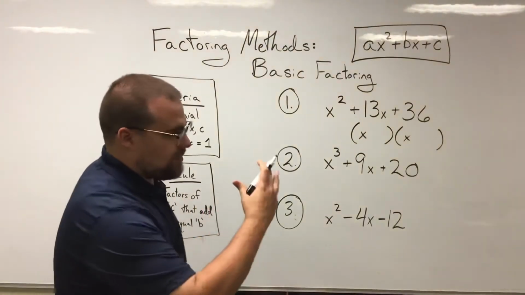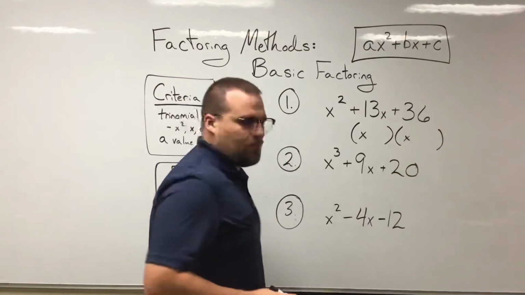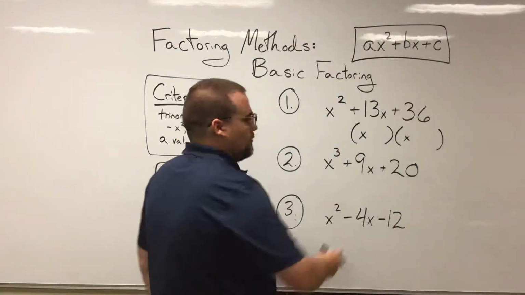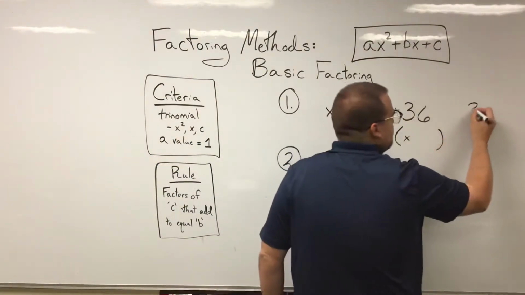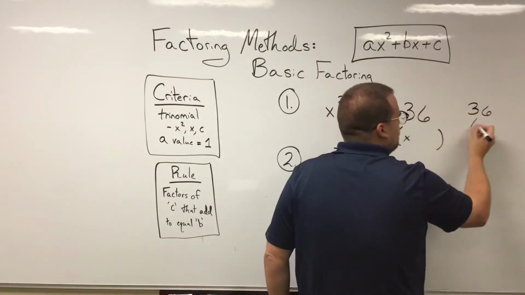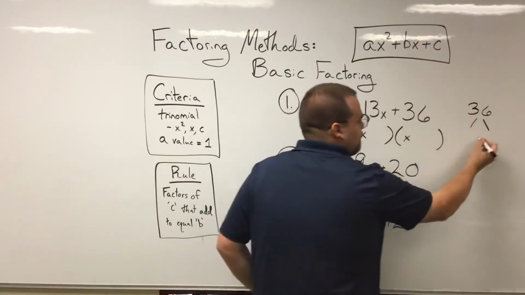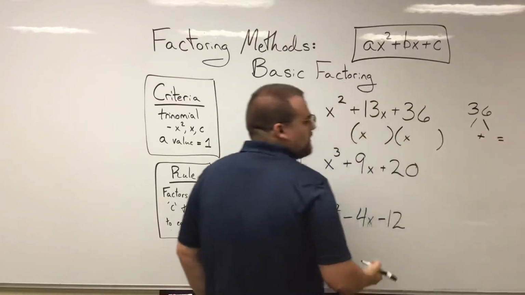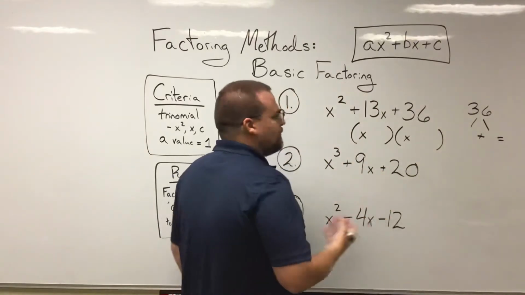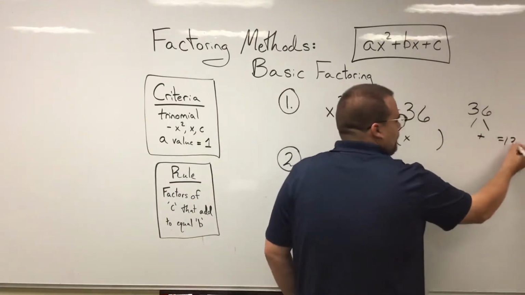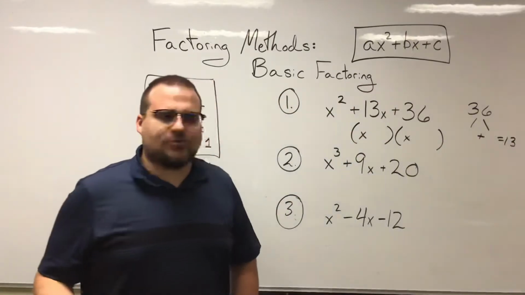Well, let's see. Factors of c. In problem 1, what is c? It's our constant, 36. What are some factors of 36 that add up to b? What would b be here? 13.